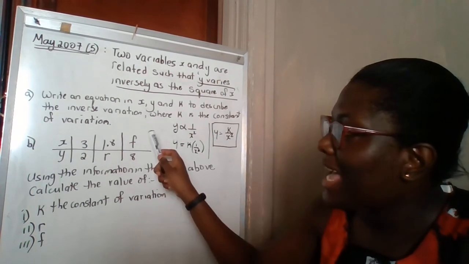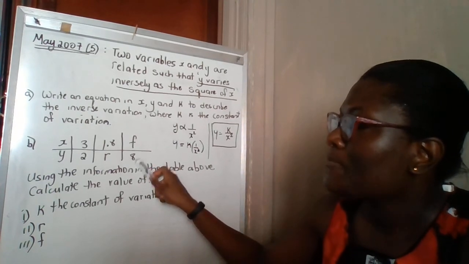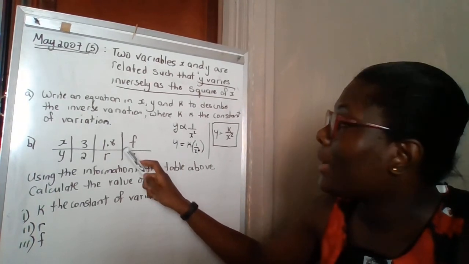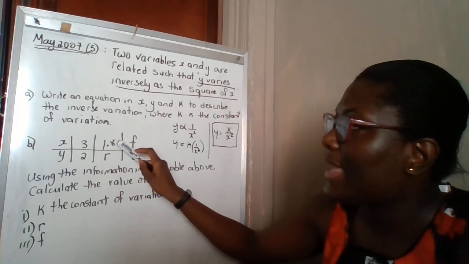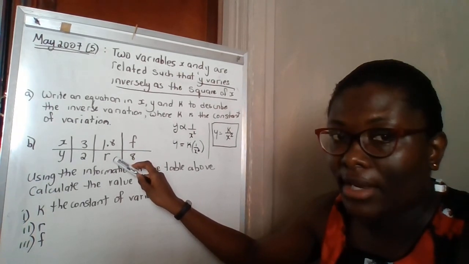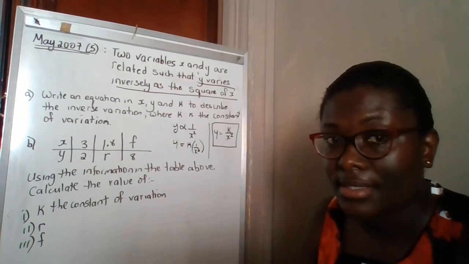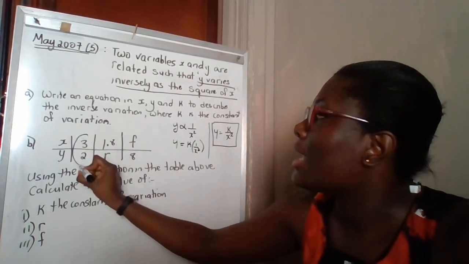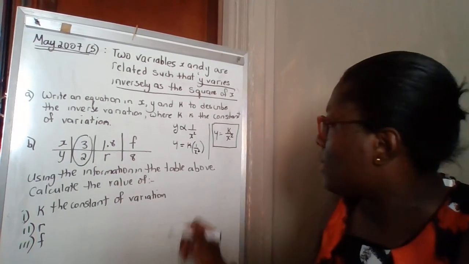So of course, we can't use this pair because we only have the y value and we don't have the x value. Sorry, we can't use this pair because we only have the x value and we don't have the y value. So the only pair we can use to find k is actually 3 and 2.